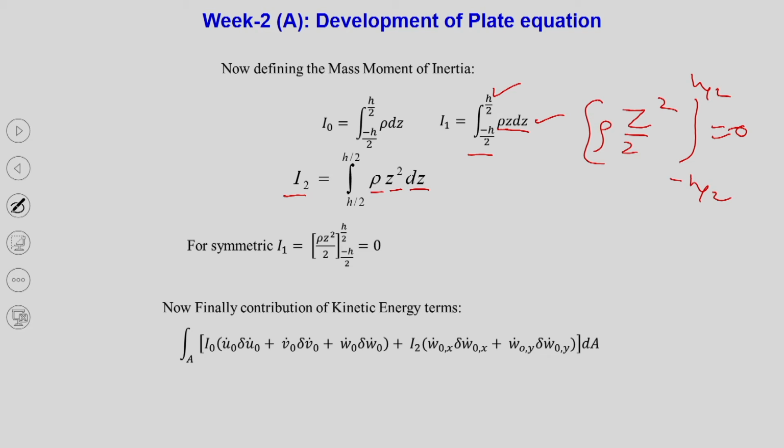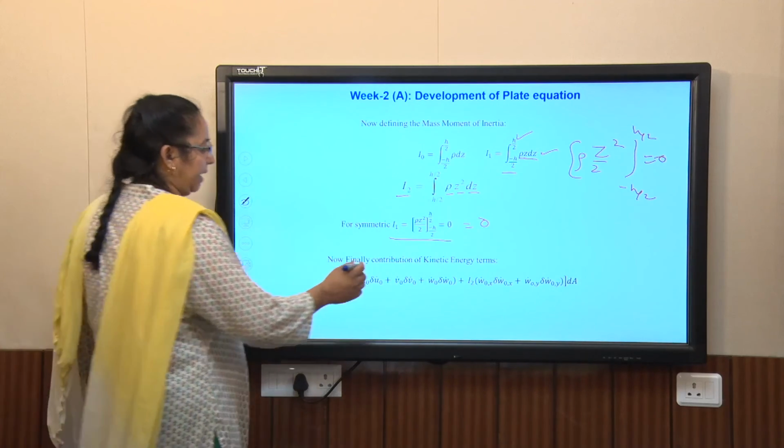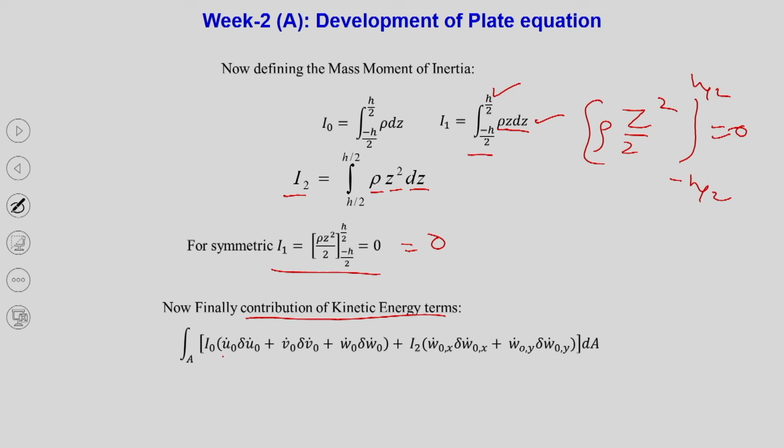So, generally I1 will be 0. So, the final contribution in the kinetic energy terms is the 3 I naught and 2 I2 contributions.